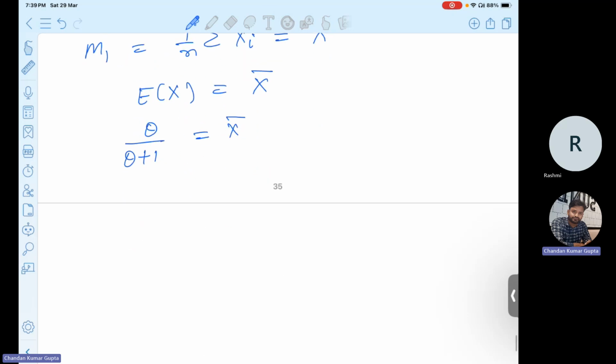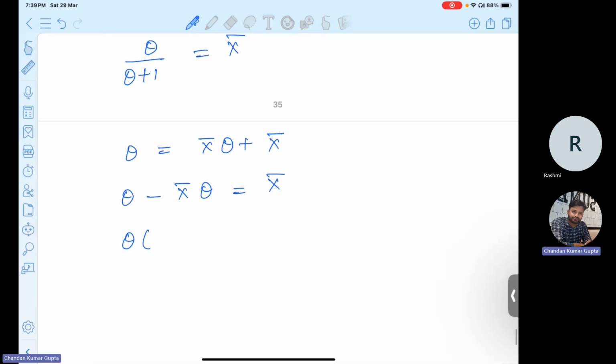Now we need to solve for theta actually. Here it is solved for the x bar only, so we need to solve for theta. So theta equals x bar theta plus x bar. Theta minus x bar theta equals x bar.